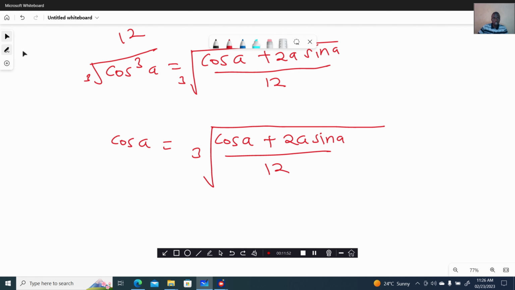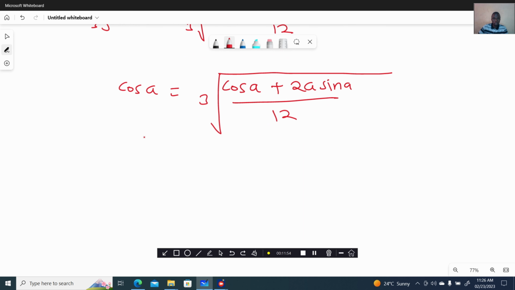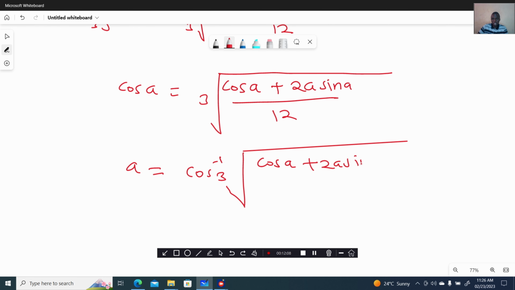And this gives us the value of a as the cosine inverse of the cube root of cos a plus 2a sine a over 12. So this is what you are getting here. And that's how that question is solved. So if you do this, you'll have shown, then you'll be in a position of grabbing all your marks.